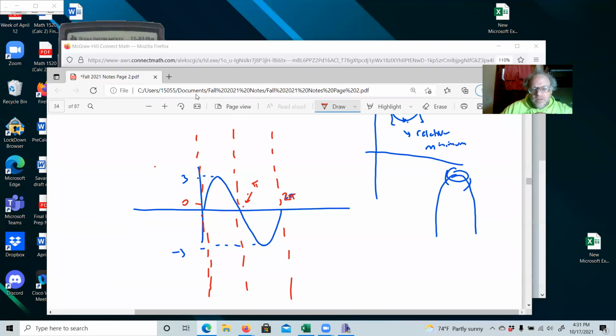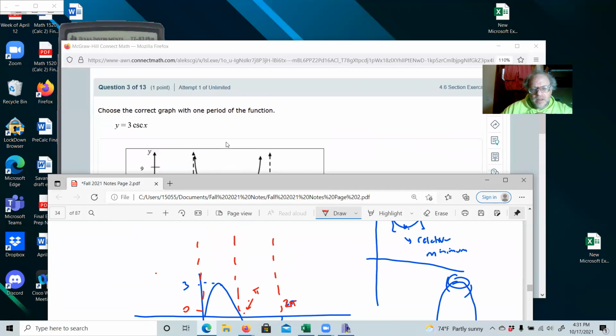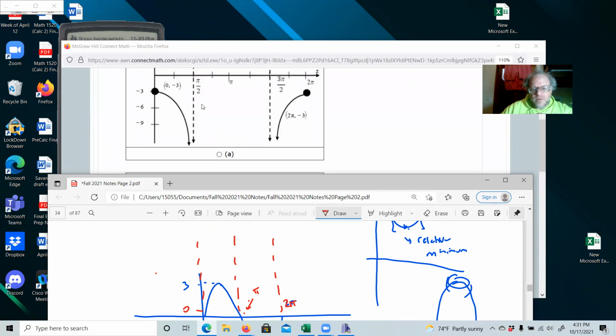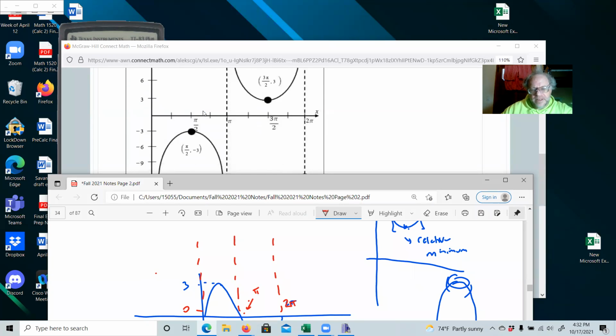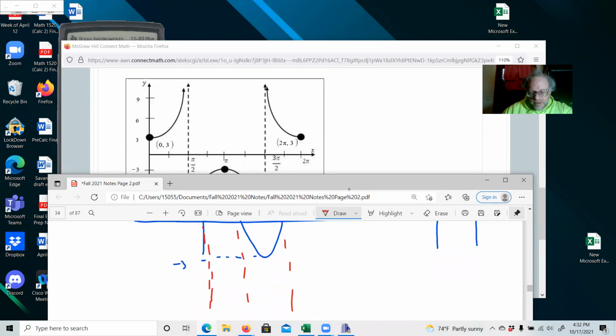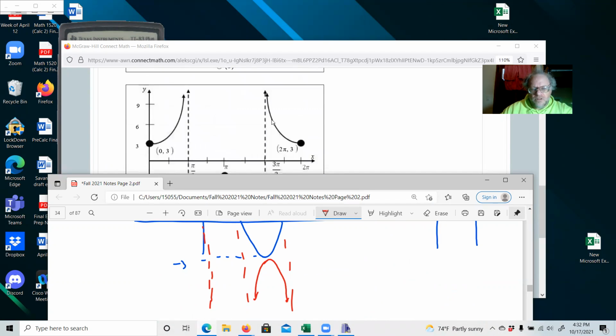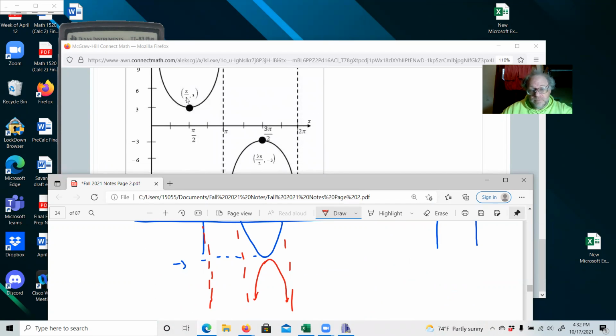So we want this one. Is it secant or cosecant? Cosecant. So this is the graph I'm looking for. All right, so close, but no. I'm looking at this.